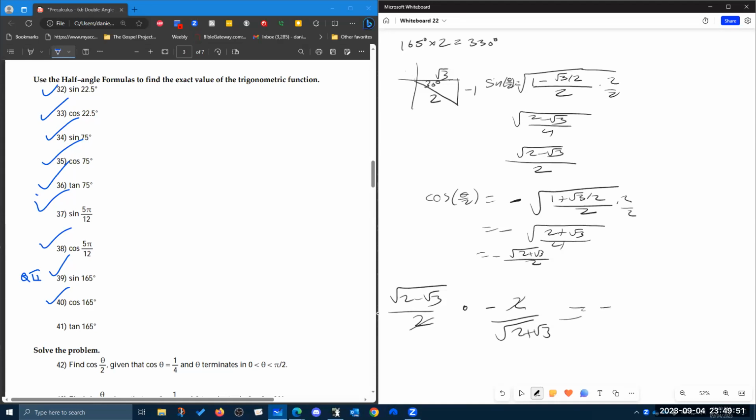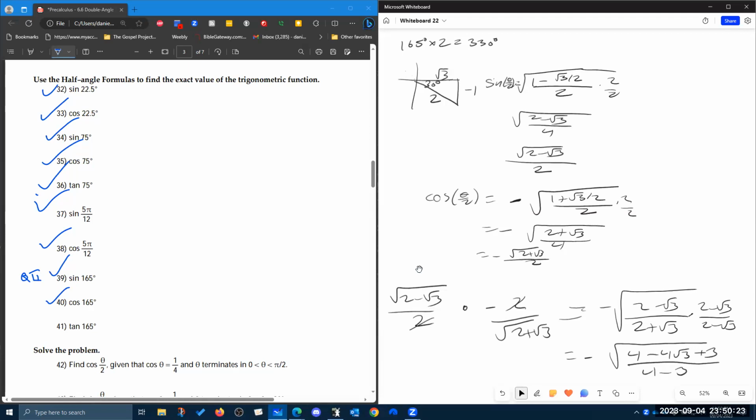It'll be a negative root of 2 minus root 3 over 2 plus root 3, multiplied by 2 minus root 3 over 2 minus root 3, and give us a negative 4 minus 2 root 3 minus 2 root 3, which is minus 4 root 3, plus 3 over 4 minus 3.